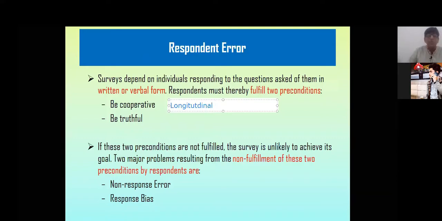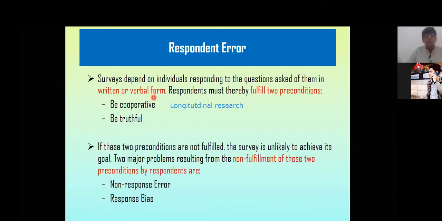sometimes in longitudinal research, this research may span 2 or 3 months or 2 or 3 years. It's also possible. So in this research, sometimes the respondent may be called several times. Even once you have agreed to respond, whenever your surveyor, your researcher, needs your cooperation, you are required to go there.